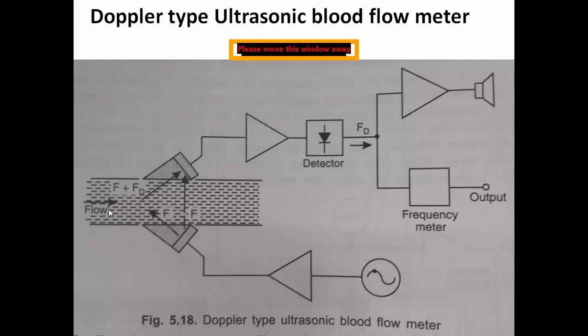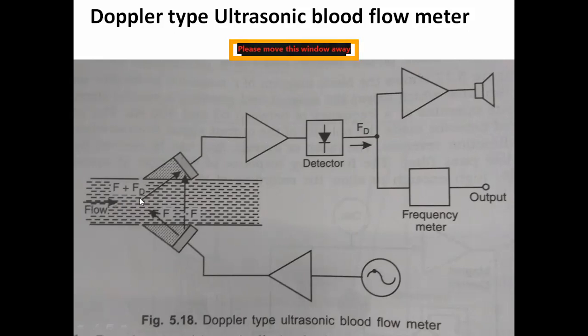So this Doppler component is either negative or positive depending upon the direction of the blood flow. The receiver will receive both signals, and accordingly it identifies and compares the different frequencies.